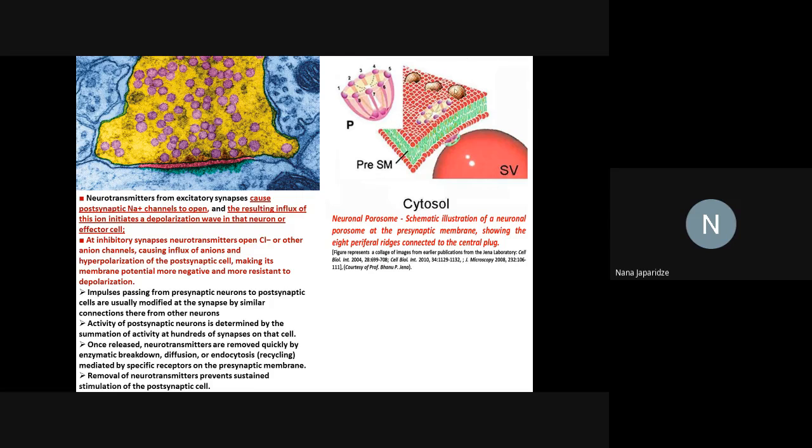Look, peripheral proteins are visible here, and in the thickness of the membrane, the porosomal complex is embedded.